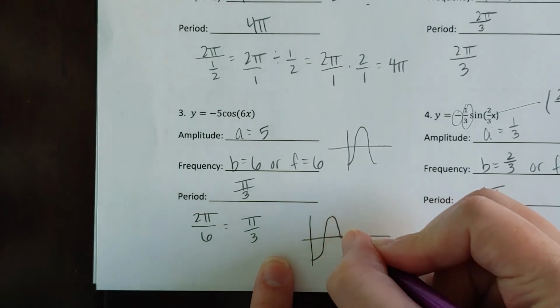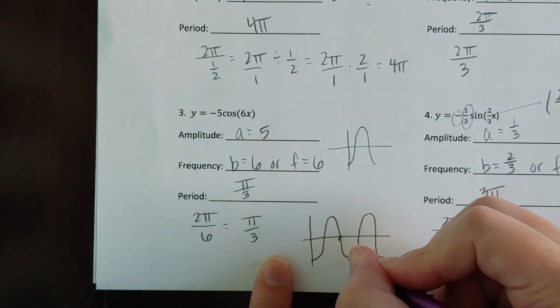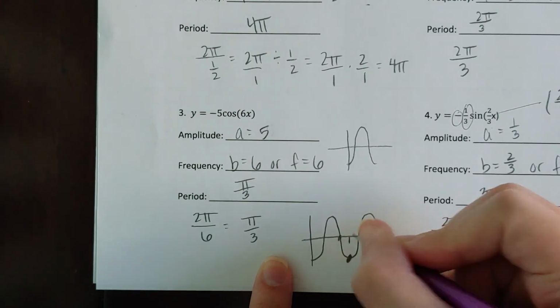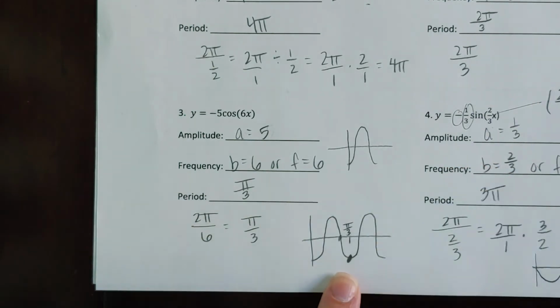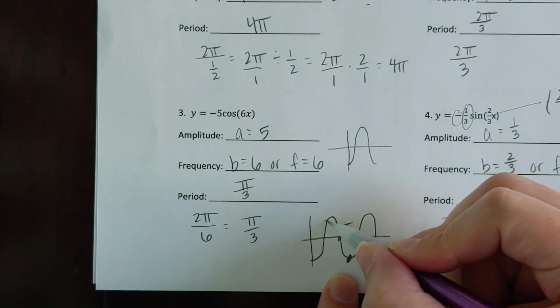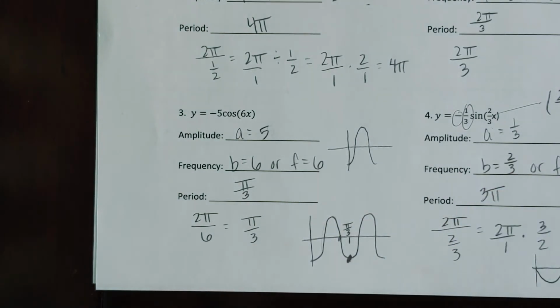So it's going to look something like this. You might have a bunch of them, but right here, where this first one ends, is pi over 3. So what we're saying is that it takes you until pi over 3 to get a period, or to get one complete curve.